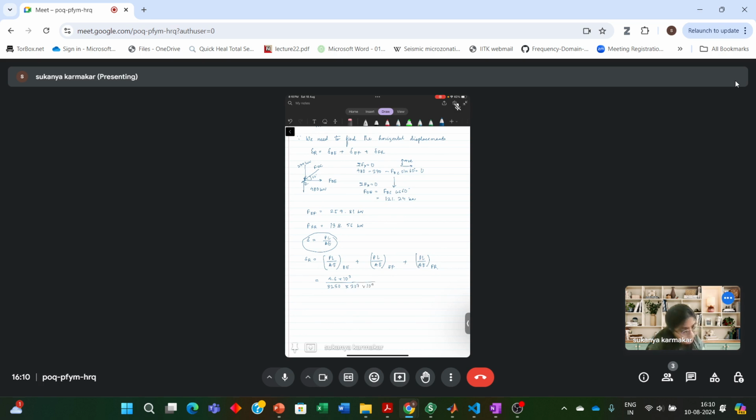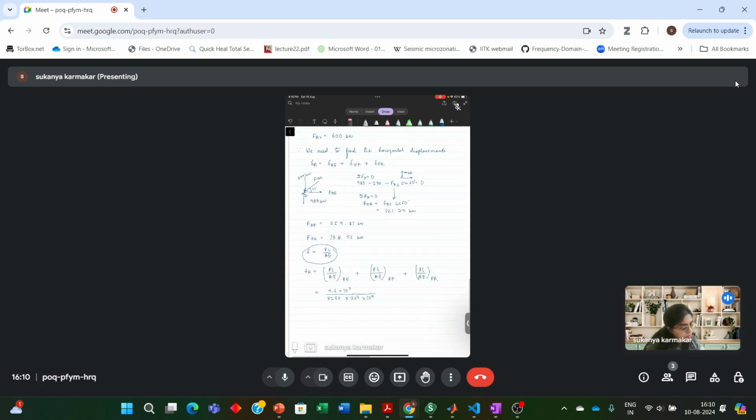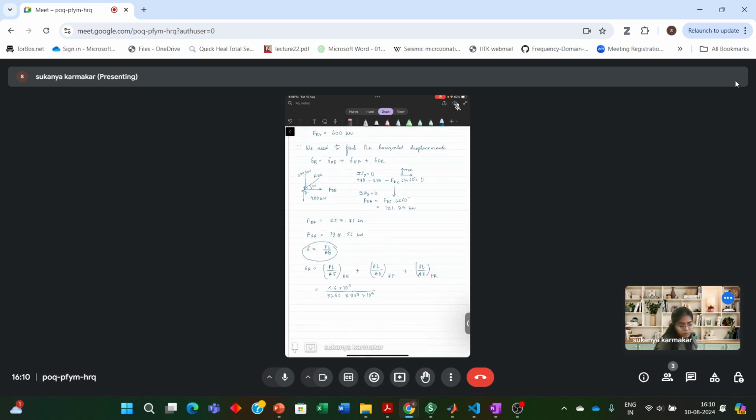So 207 GPa, I'm converting it into Newton per mm square. So I will have 10 to the power 3, right?